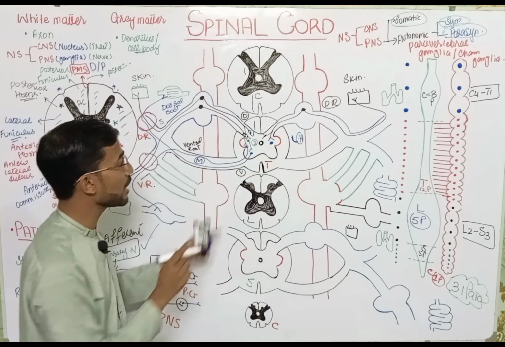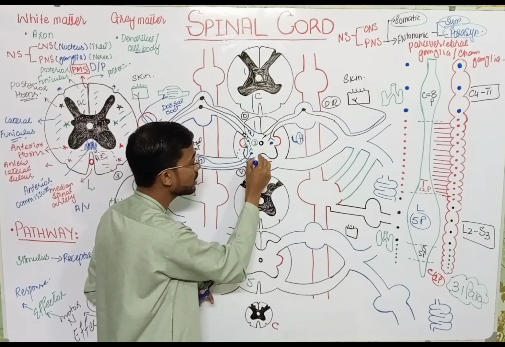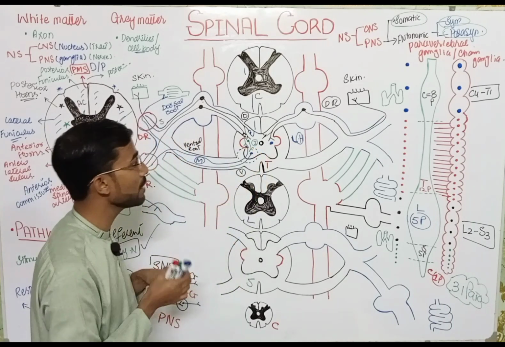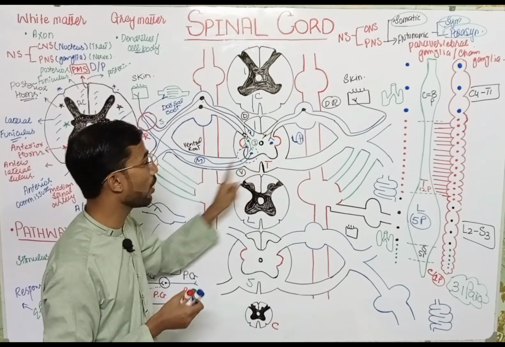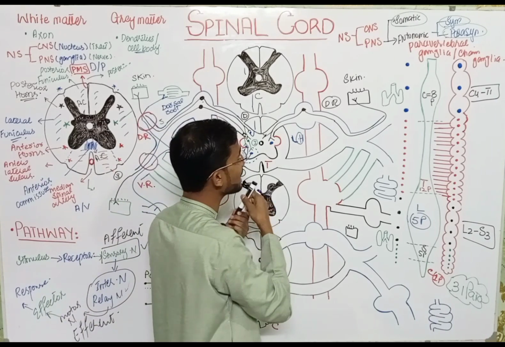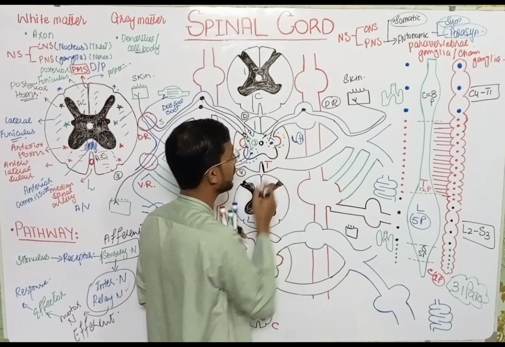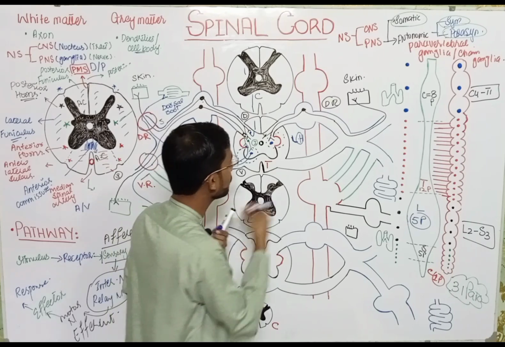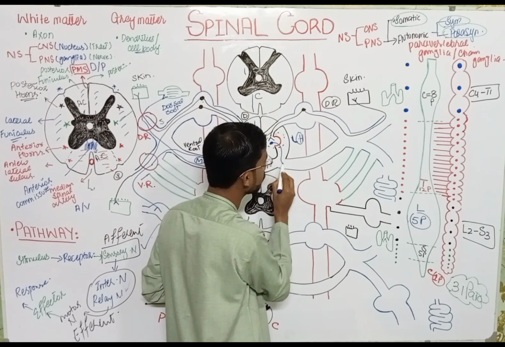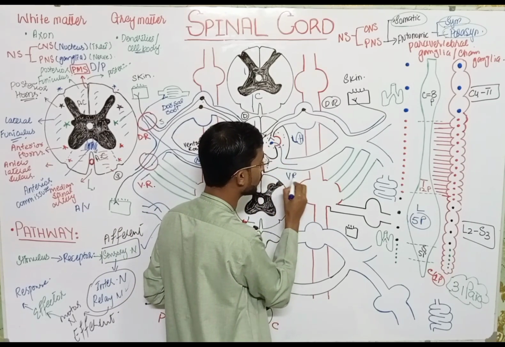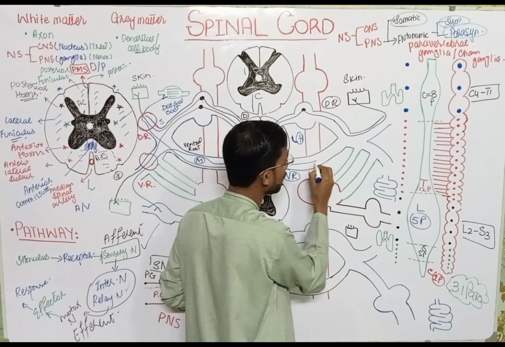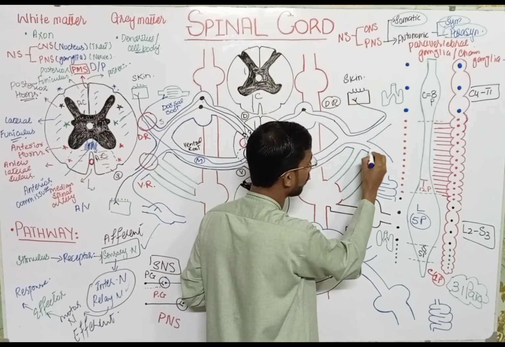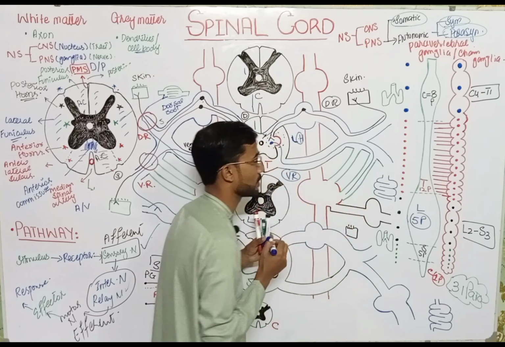So in the somatic nervous system, the motor message arises from the anterior horn, but in the sympathetic you will see the message arise from the lateral horn. In that case, this message goes through the ventral root. This is the ventral root. From the ventral root, the message goes here, and this is the case.